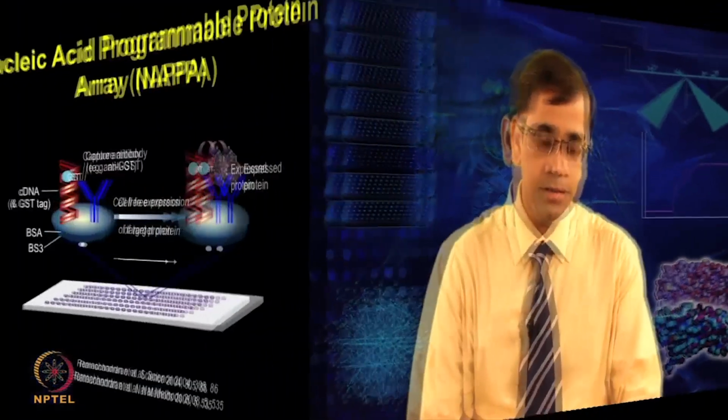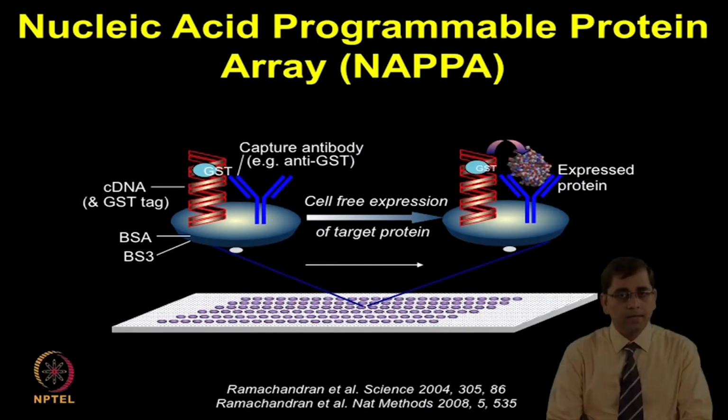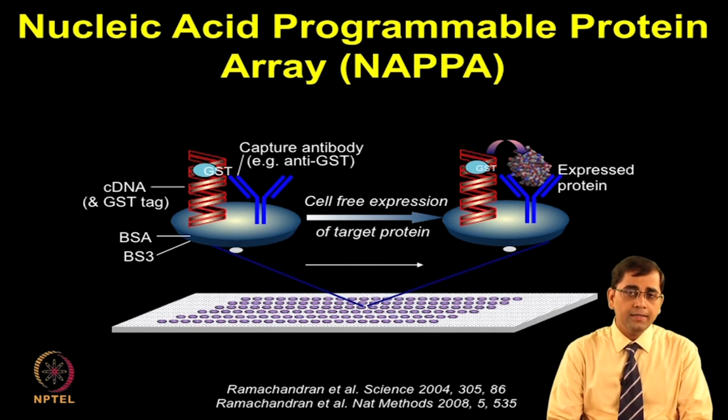In today's lecture, we will talk about generating protein microarrays using NAPPA chemistry. As you can see in the figure, you have a microarray slide and each feature highlighted in the expanded view contains 4 components. One of these is the cDNA containing GST tag.